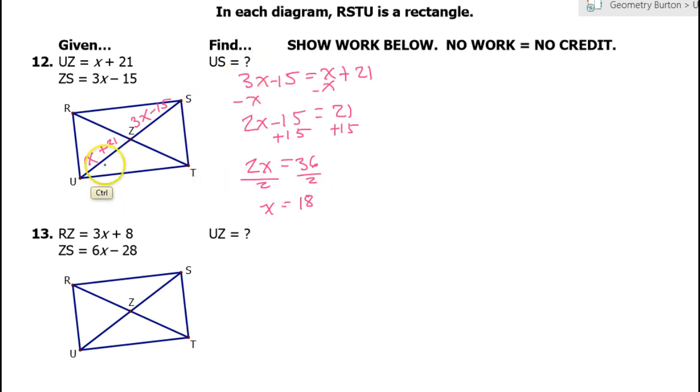Okay, so now I need to find the length of US. Okay, so US is the entire diagonal. Let me start with finding UZ, because that's halfway. So I'm just going to find UZ, and then I'm going to double it. UZ is x plus 21. All right, but x is 18, so that's 18 plus 21.